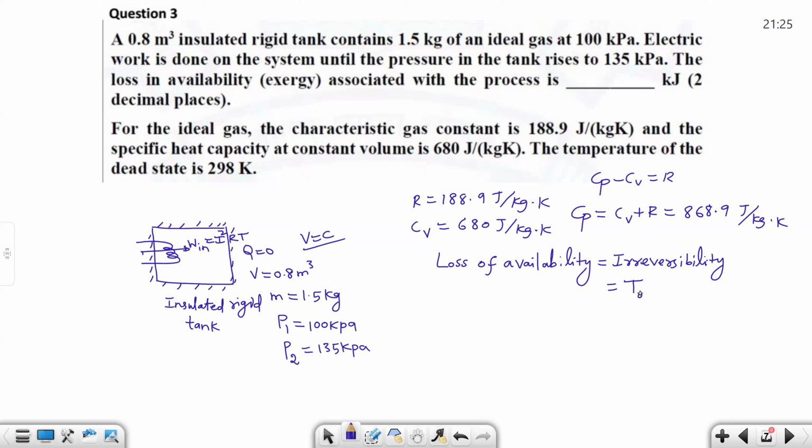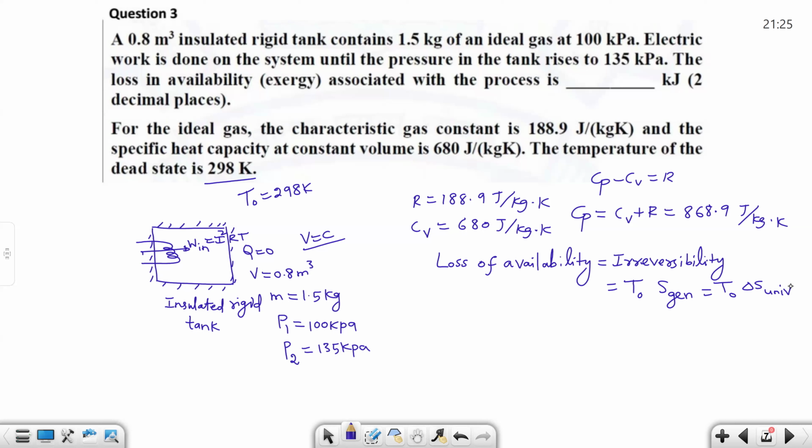T0 is the atmospheric temperature, the temperature of the dead state, given as 298 Kelvin. So now we need to calculate the entropy generation, which is nothing but T0 into entropy change of the universe. Entropy change of the universe is equivalent to entropy generation.